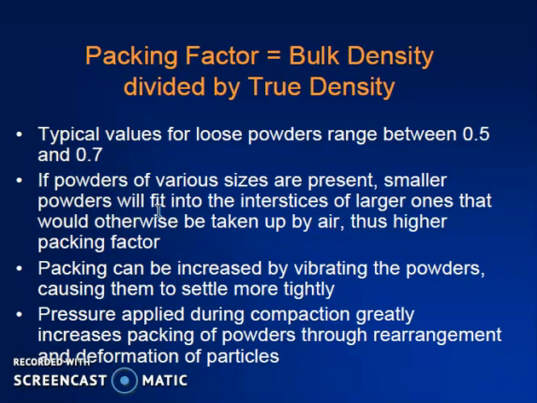We apply pressure and temperature to get the packing of powders. That packing factor is the ratio of bulk density to true density. A typical value for loose powder ranges from 0.5 to 0.7.